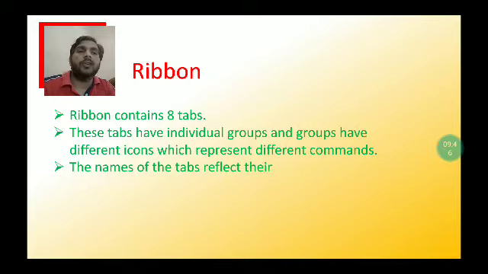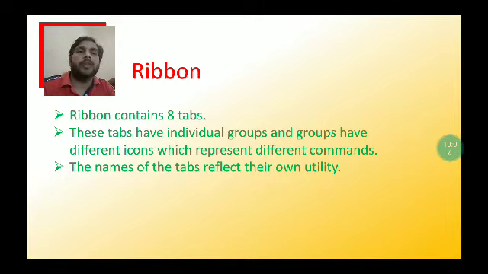The names of the tabs reflect their own utility. So each tab contains its own commands in the ribbon, and these commands are related to the tab that we are working with.